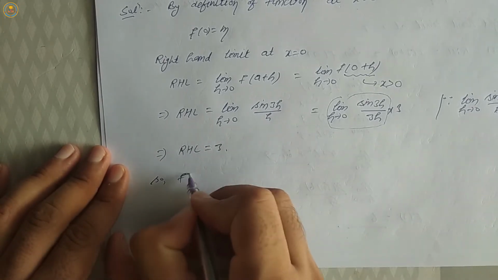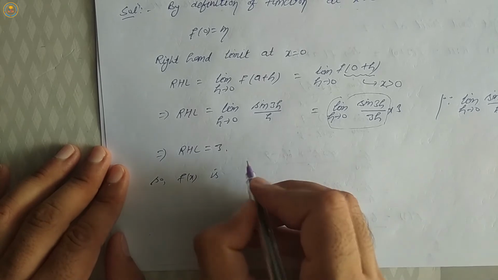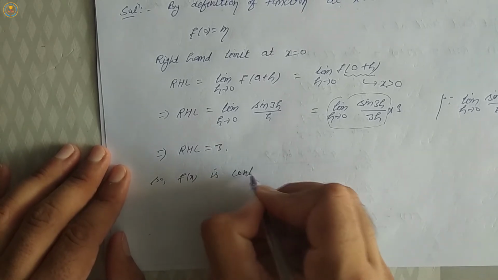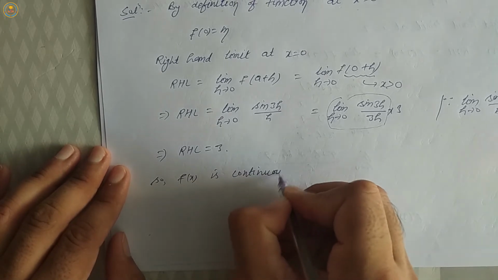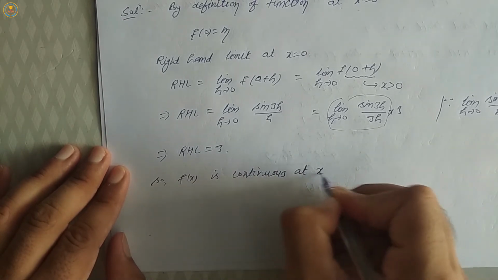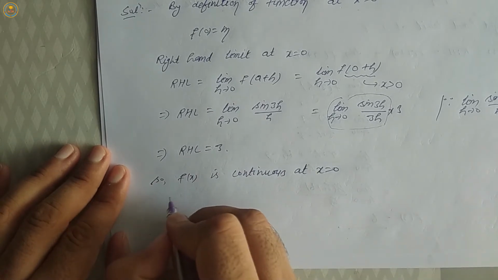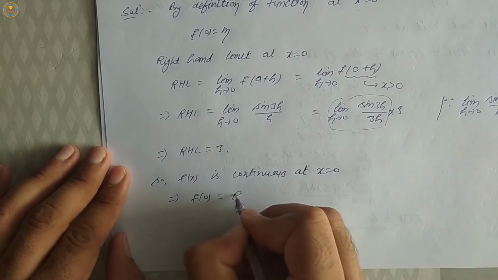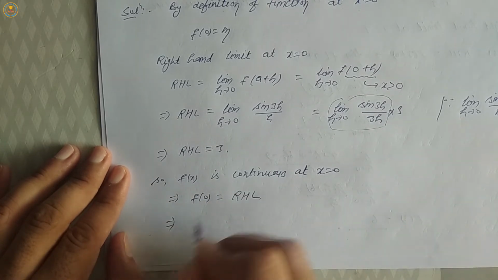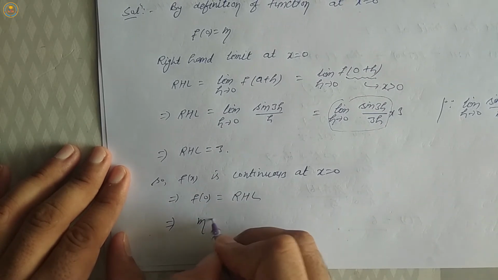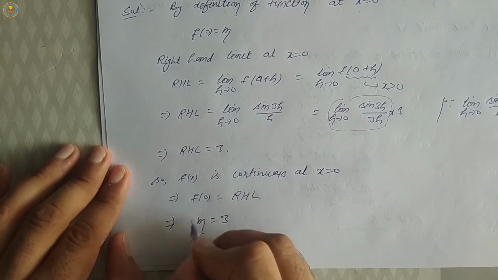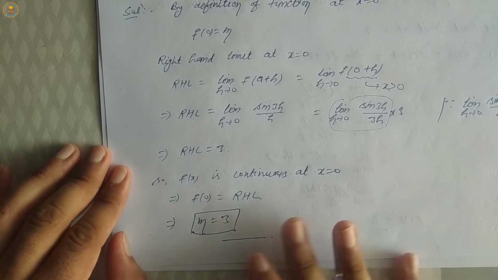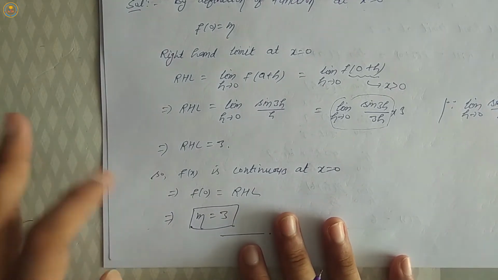So f(x) is continuous at x = 0, implies f(0) is equal to RHL, implies f(0) = m = RHL = 3. It means m is equal to 3. Question number 2 complete.